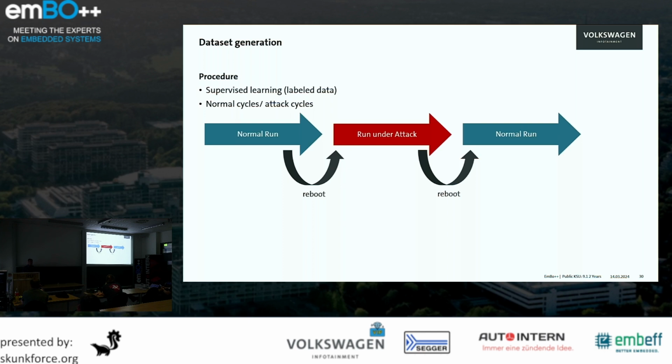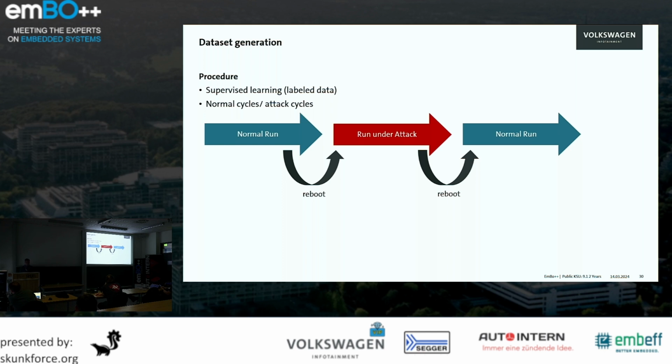And yeah, generating a data set is mostly doing the same stuff over and over again. So I started the supervised part with a normal run, and then we rebooted. In the normal case, we have the Ubuntu VM just requesting specific pages from the web server, having some kind of normal load.